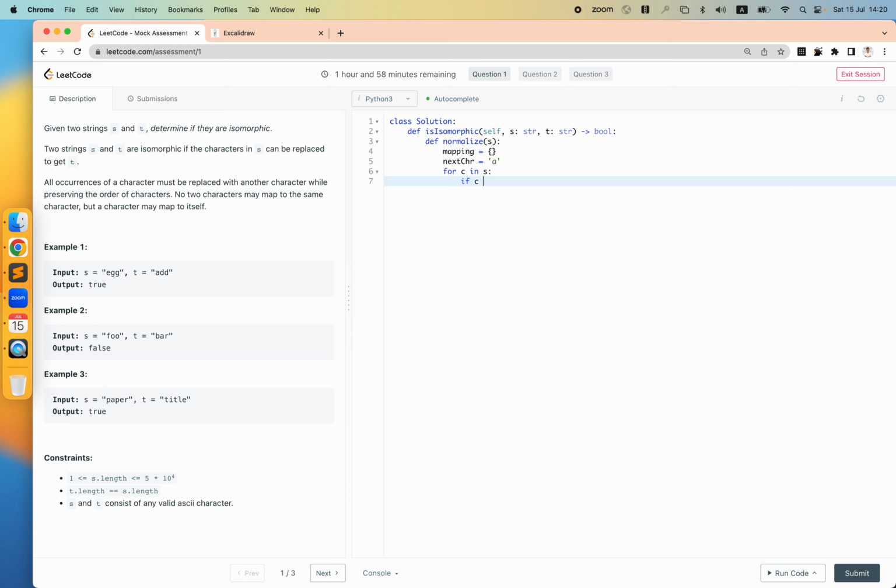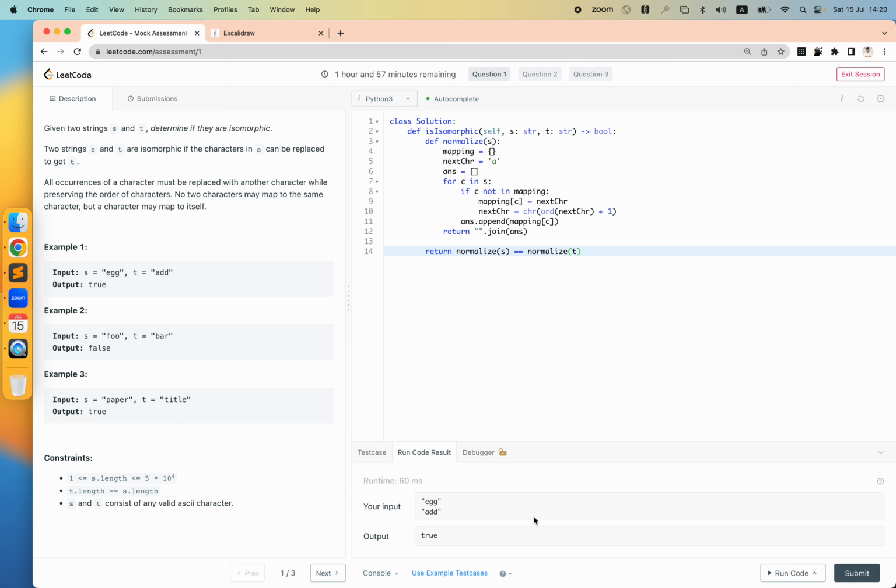Okay, so if c is not in mapping, then the mapping of c will be the next character, and the next character will be equal to ord of the next character plus one, converted into a char. Then we append the mapping of c, and join it into a string. Then just return normalize s equal to normalize t.